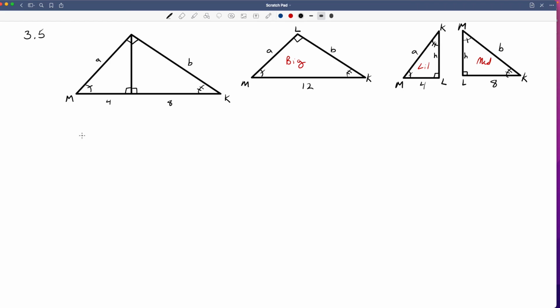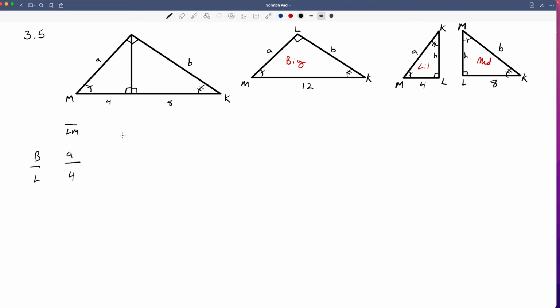All right, so if I have LM, and I've got the big one and the little one, right? And I have LM, the big one, that's A, and the little one, LM is 4.